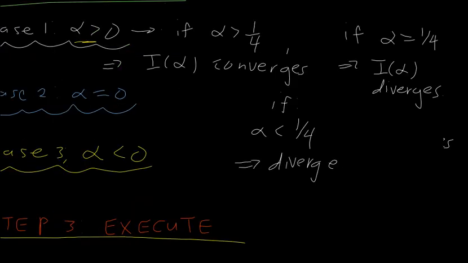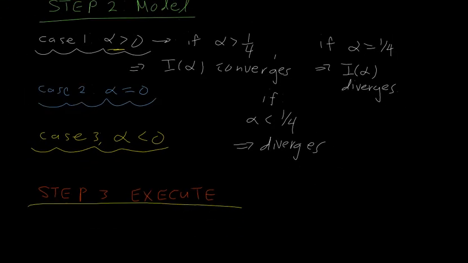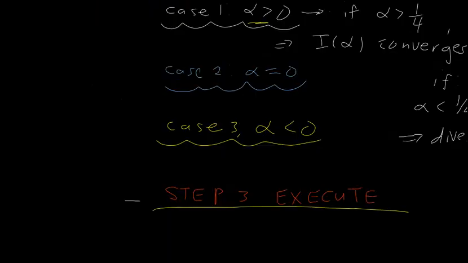So when alpha is greater than 0, only in the case when alpha is greater than 1/4, our integral will converge. So that's the main answer. But we still have another case, and we have to examine when alpha equals 0.